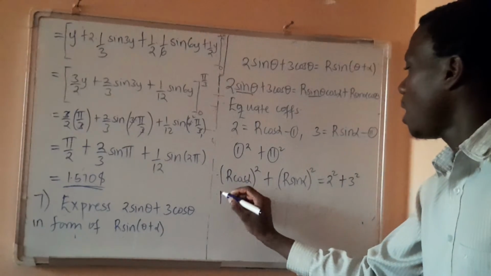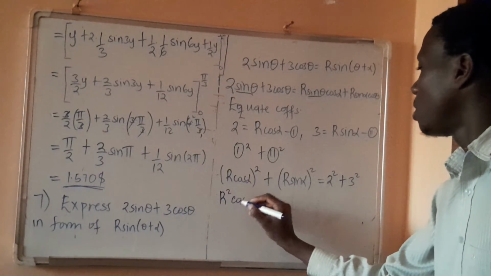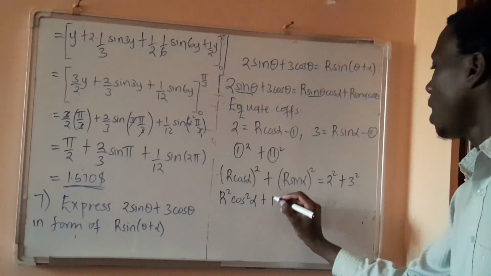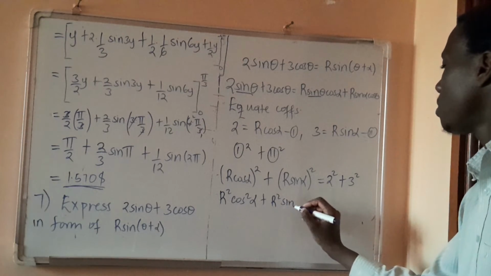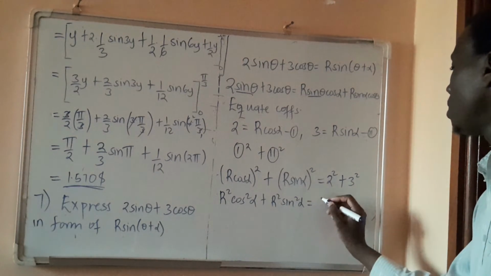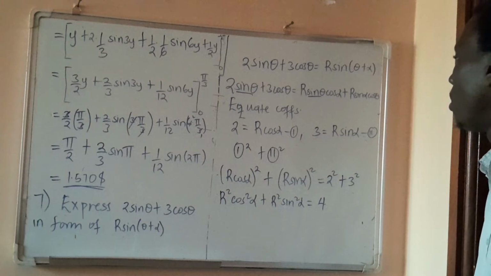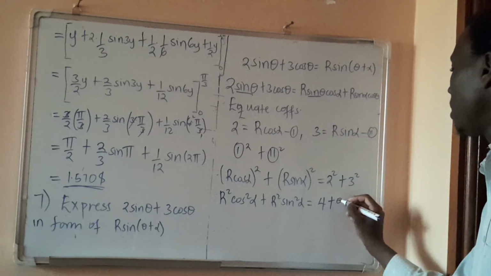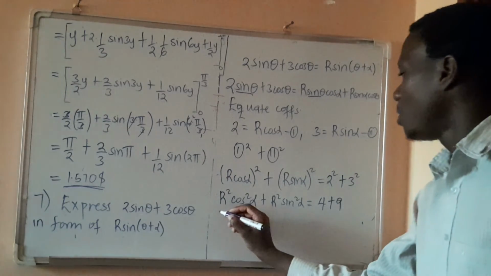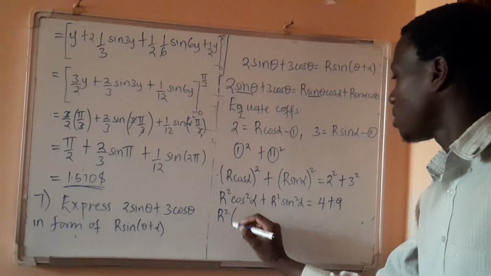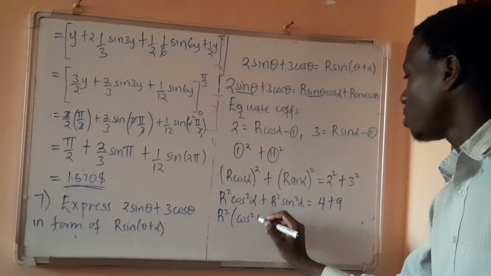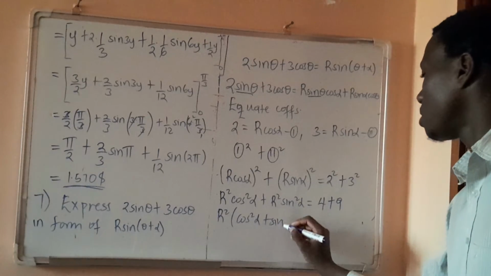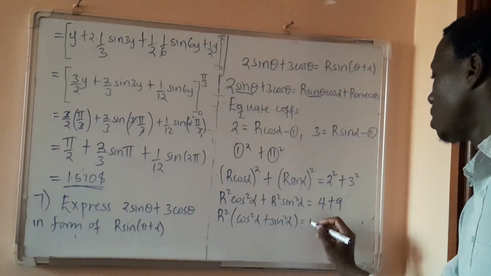So this is R squared cos squared alpha plus R squared sine squared alpha equals 4 plus 9. You realize that R squared is common. Pull it out, and we shall have this equals 13.